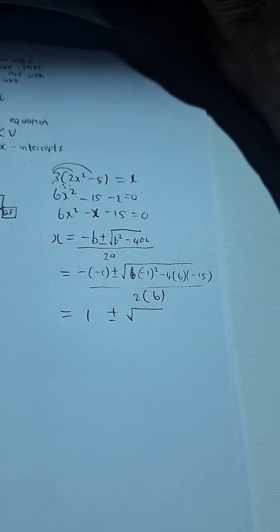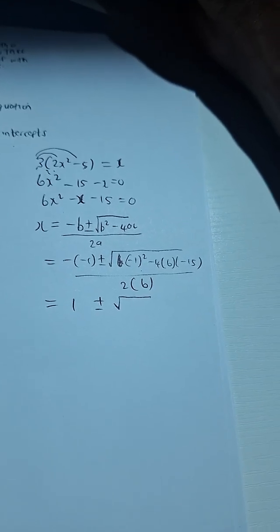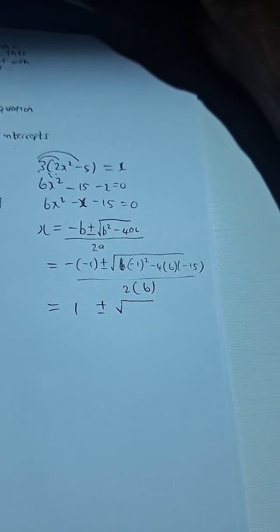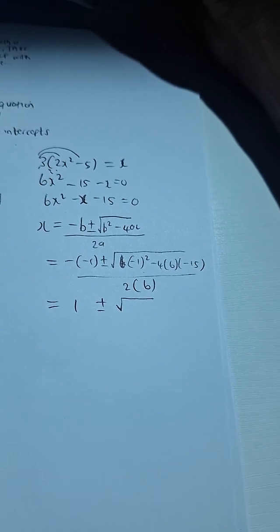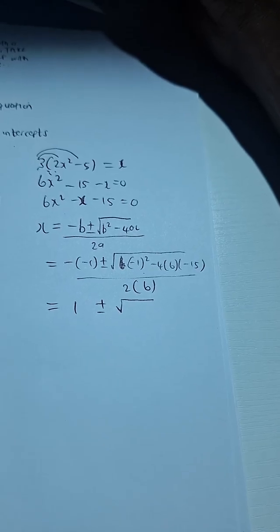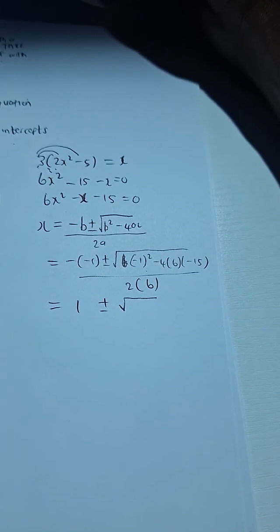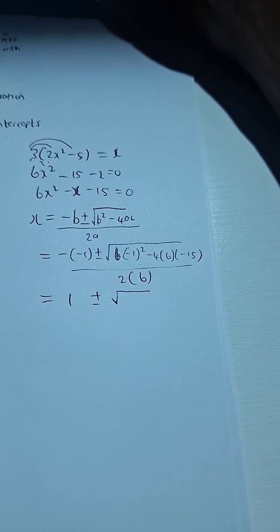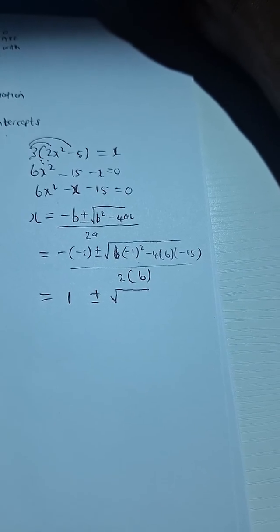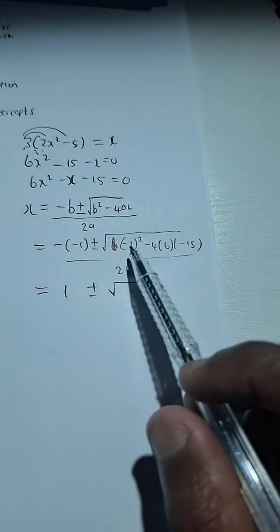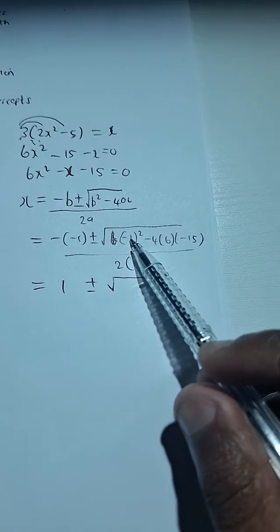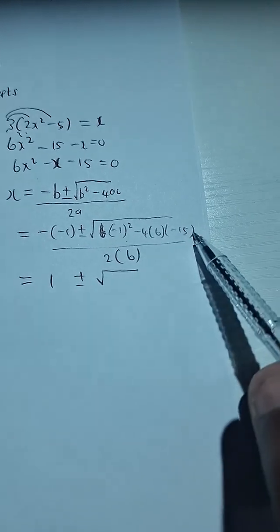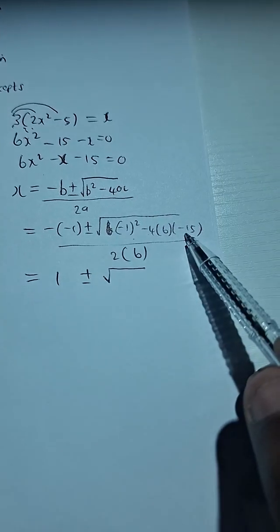So underneath that square root, what is my answer? I just want to write the number underneath the square root. Yeah, so that was definitely factorizable. I need 1 plus this 4 times 6 times 15.